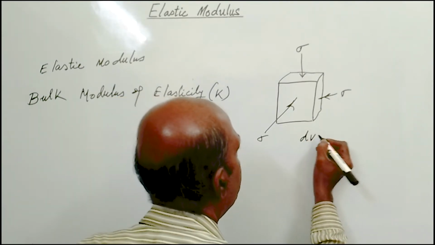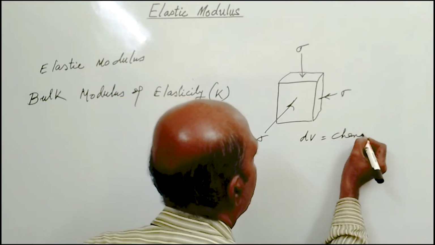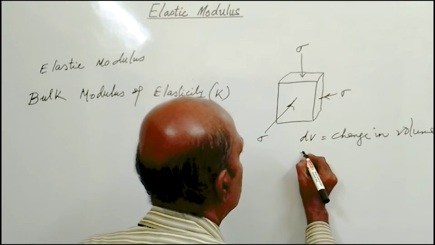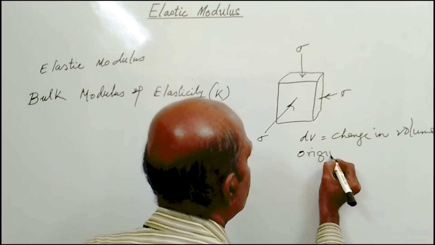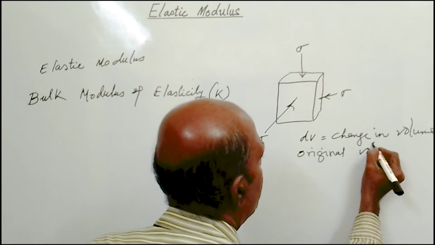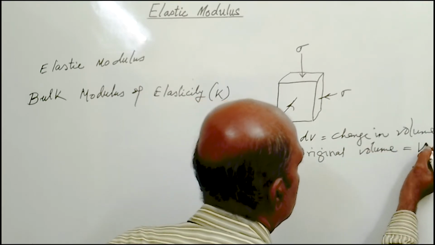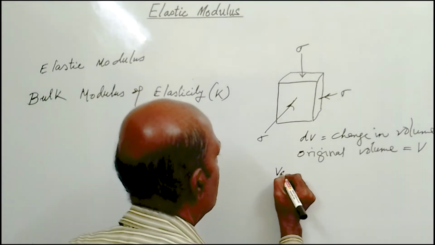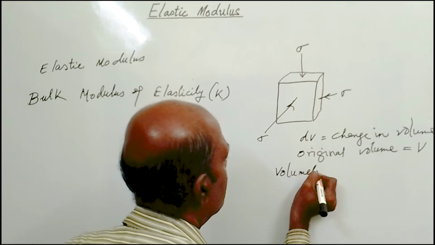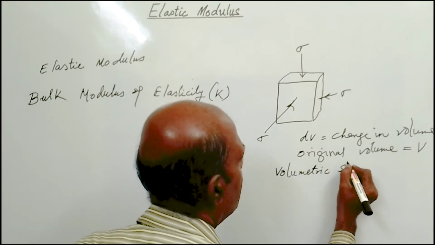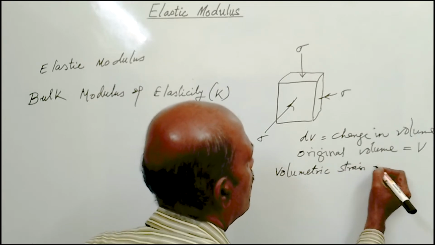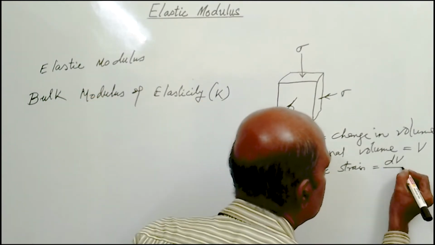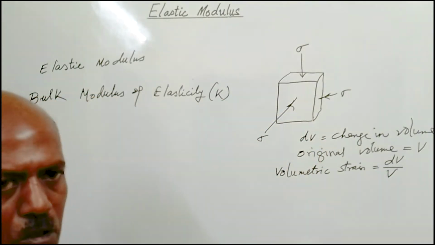Change in volume is given by dV, and the original volume of the body is equal to V. So volumetric strain is given by change in volume, that is dV, over original volume V. So dV by V is the volumetric strain.